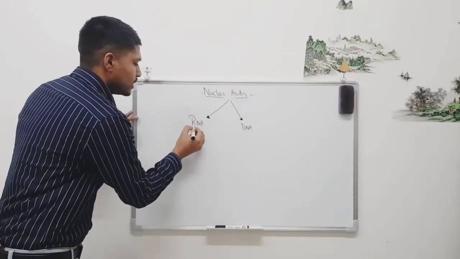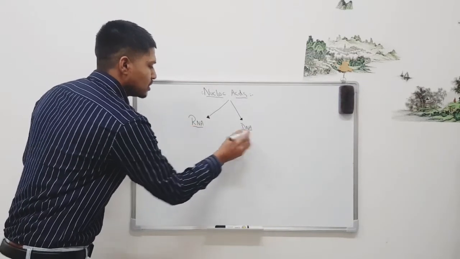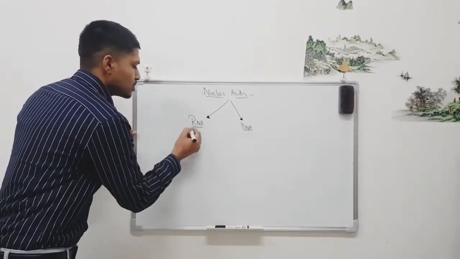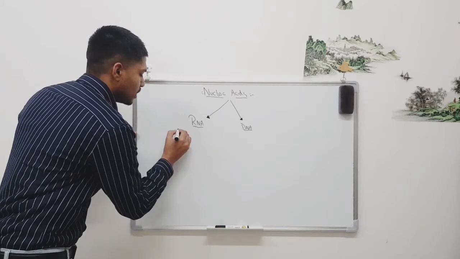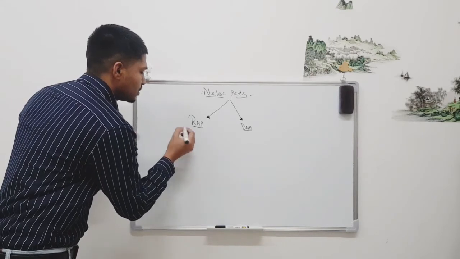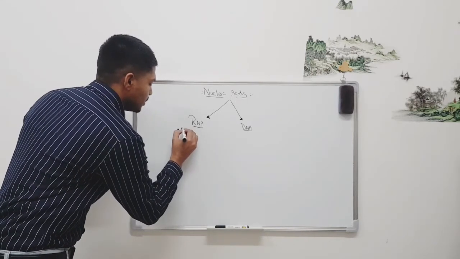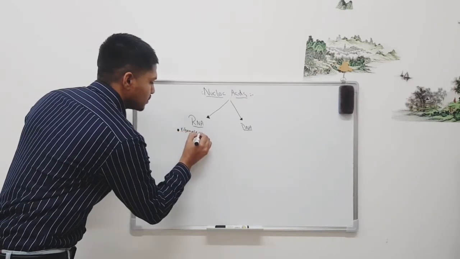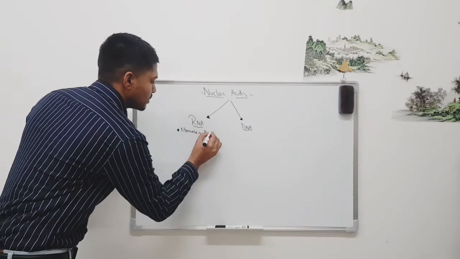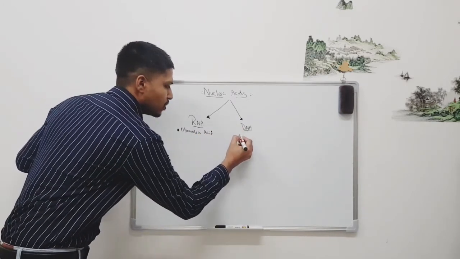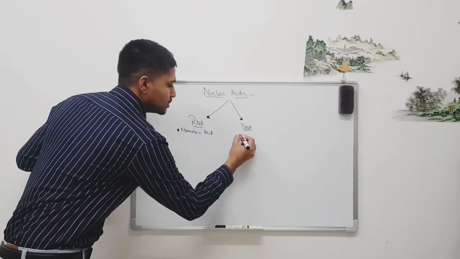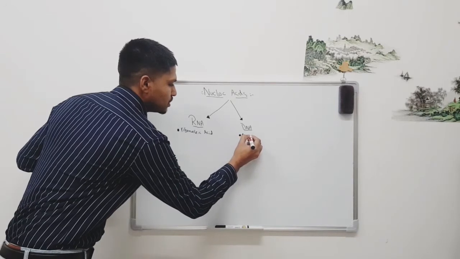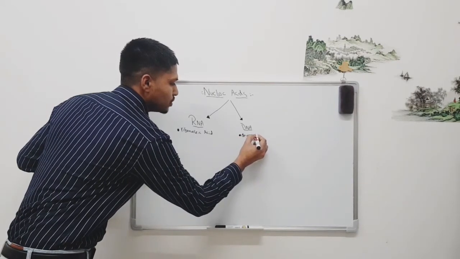So now let's discuss RNA and DNA. RNA stands for ribonucleic acid, and DNA stands for deoxyribonucleic acid.